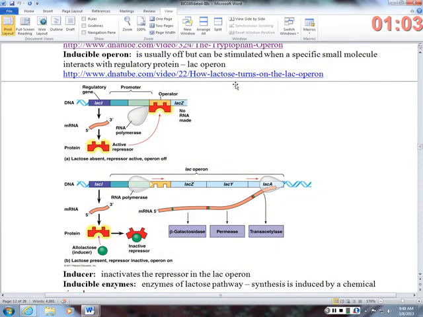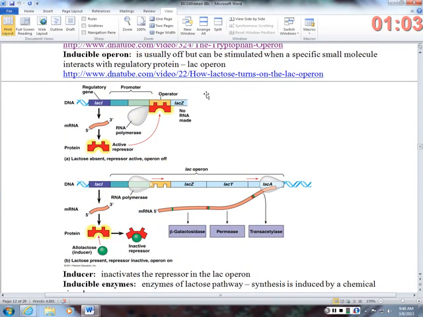The other type of operon in there is going to be your lac operon, and there is also a video for that one. And what happens with that one is, you don't want to make enzymes for processing lactose when you don't need it.